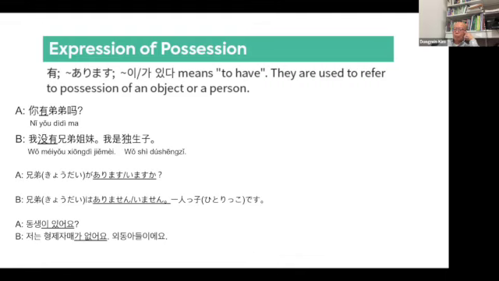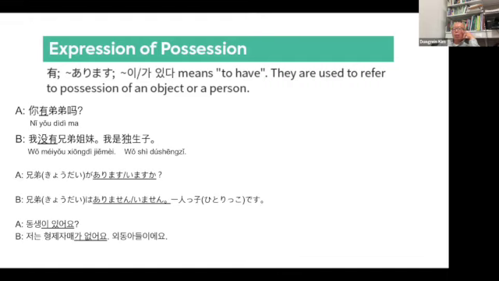And also Korean has a phonetic condition. The phonetic condition decides whether to use 이 or 가. So if a noun ends with a consonant, we use 이, and if it ends with a vowel, we use 가.